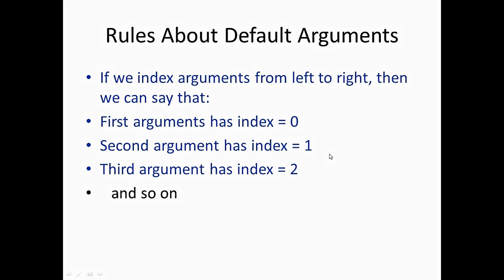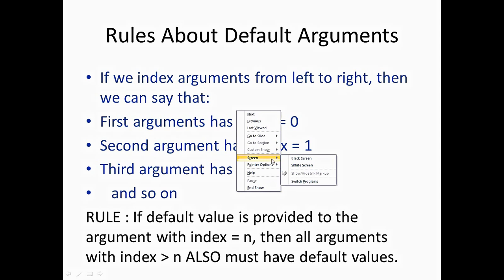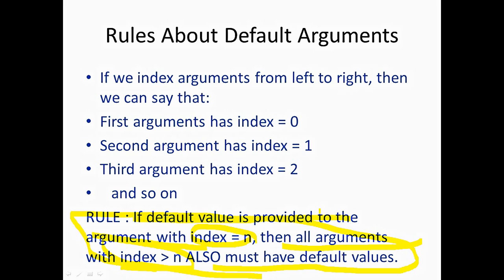So here's one rule about default arguments: if a default value is provided to the argument with index n, then all arguments with index greater than n also must have a default value. This is one very simple rule that has to be followed. If I provide a default value to an argument that has an index of n, then all the arguments with index n plus 1 and plus 2 also must have the default value. Okay, and that's it. That's the rule.